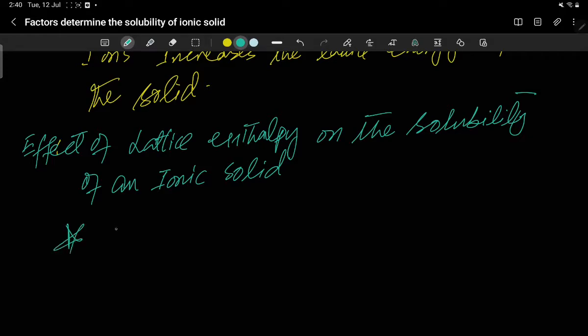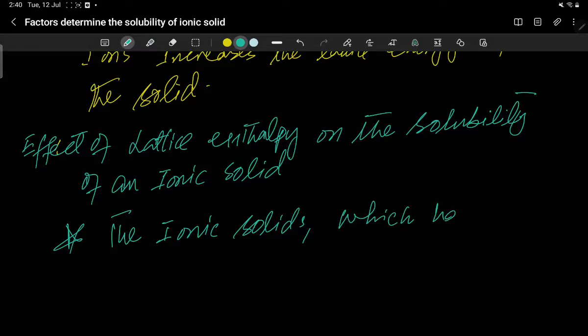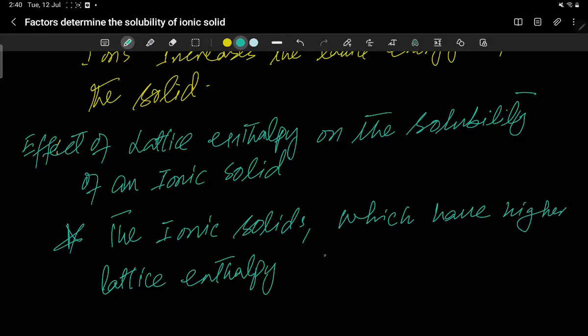The ionic solids which have higher lattice enthalpy have lower solubility in water.